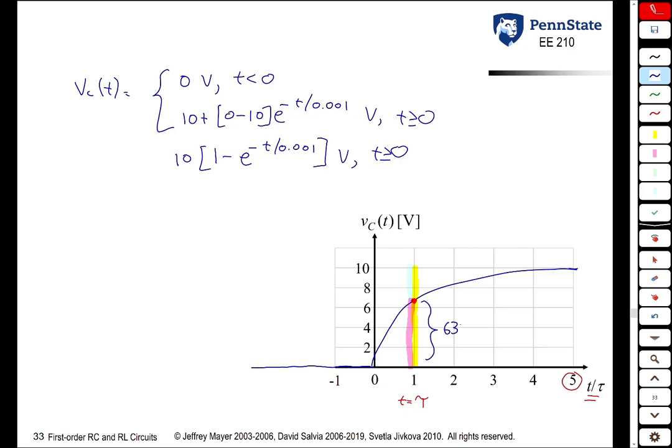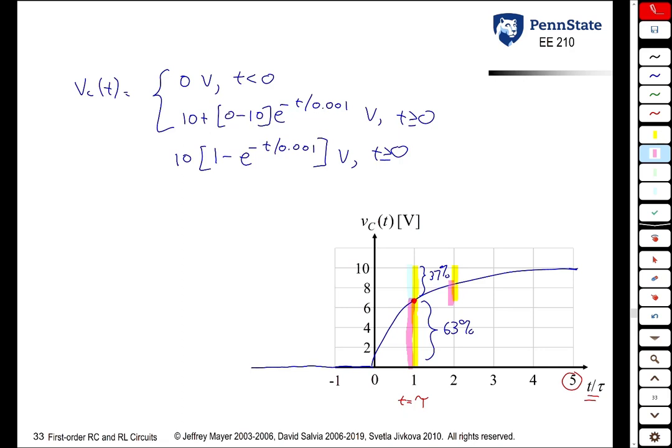So it goes 63%, leaves 37%. Then between one time constant and two time constants, once again, the total amount there is that, and it's going to go 63%, leaving 37%.